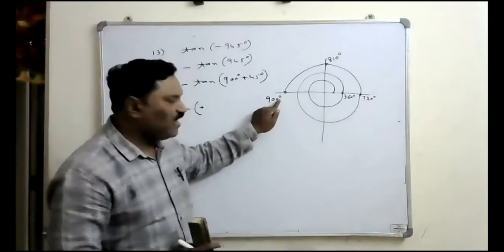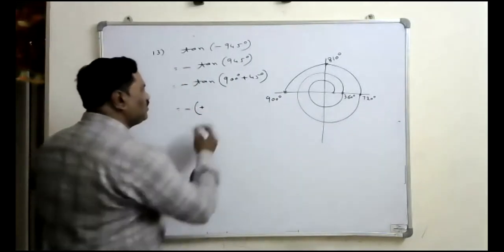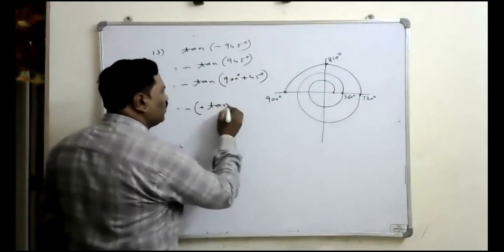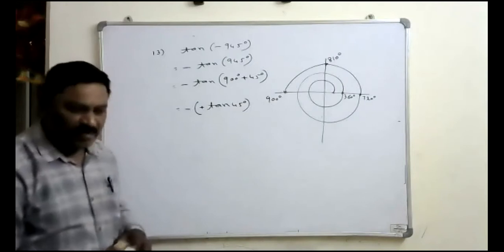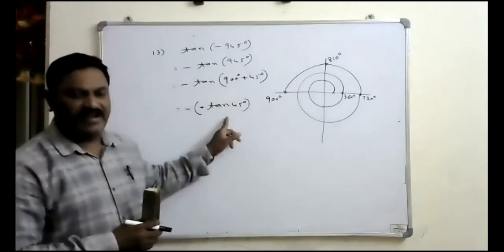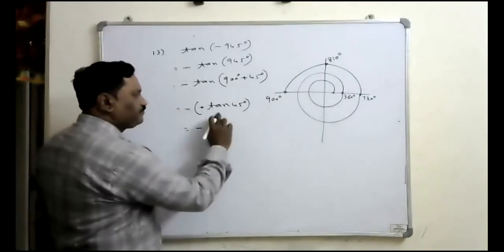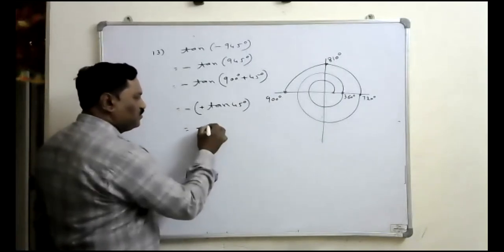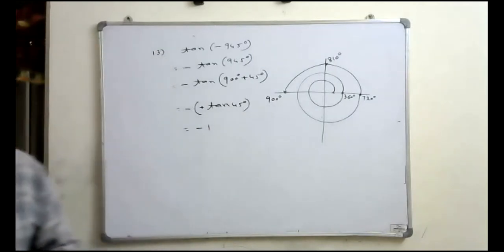So here 900 lies on the x-axis, so the function is not going to change. This becomes tan only. So tan of 900 plus 45 degree is equivalent to tan 45. What is the value of tan 45? 1. Therefore, the answer is minus 1. Okay, take that.